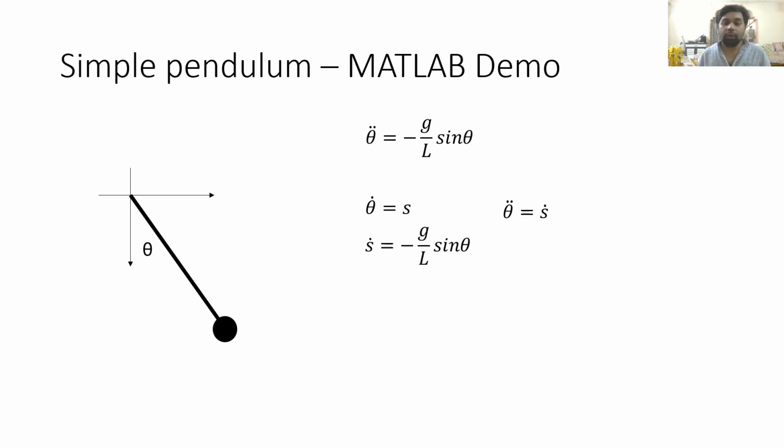If we want to represent this differential equation in a state space form, then we define a variable s, so theta dot is s. Then theta double dot becomes s dot. So the second differential equation becomes s dot is equal to minus g by l sine theta.